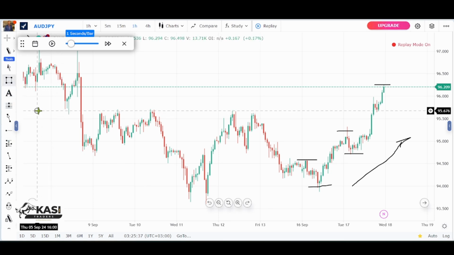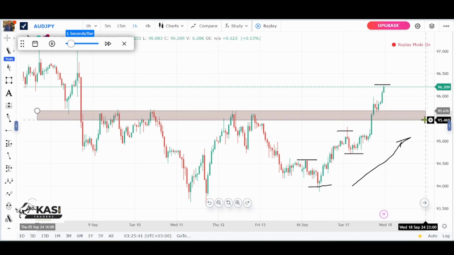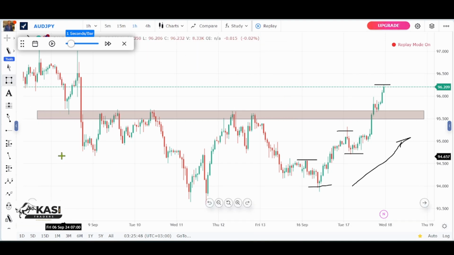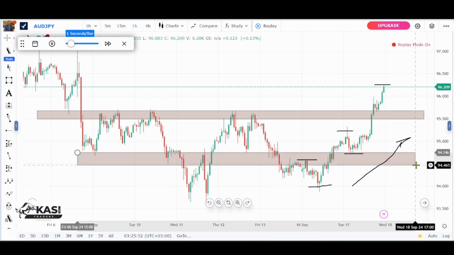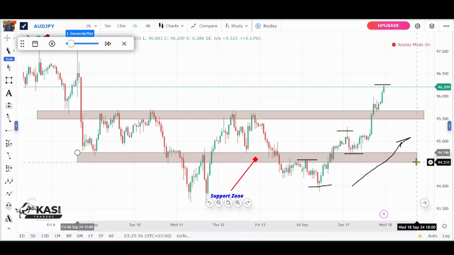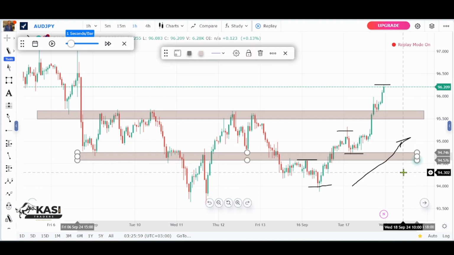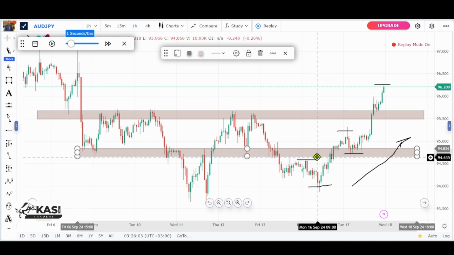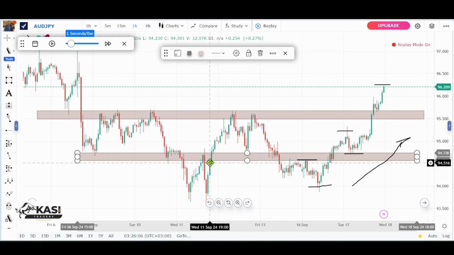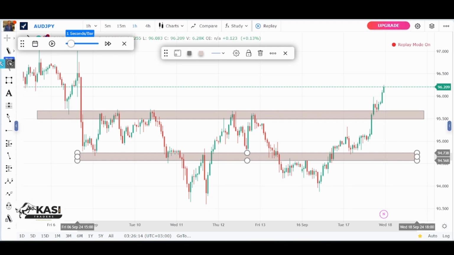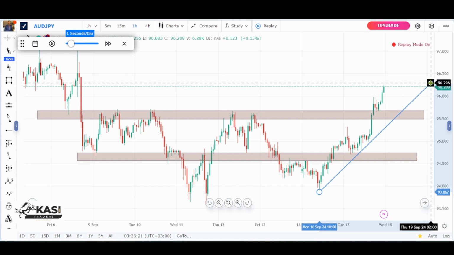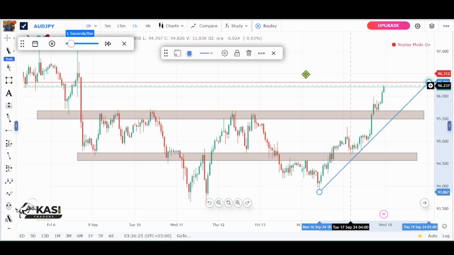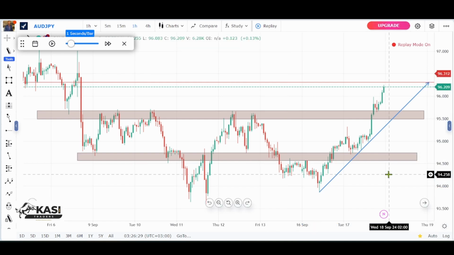Okay, we have the support here, the resistance here, and we also have another resistance, another support here that was resistance here and here. Okay, nice.